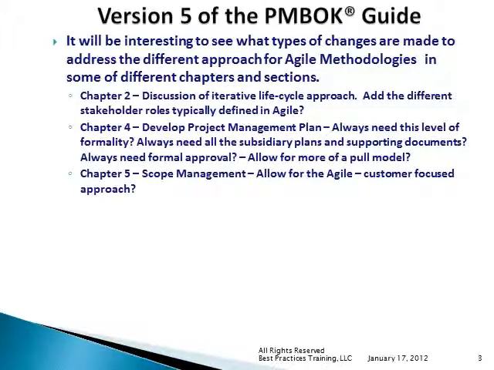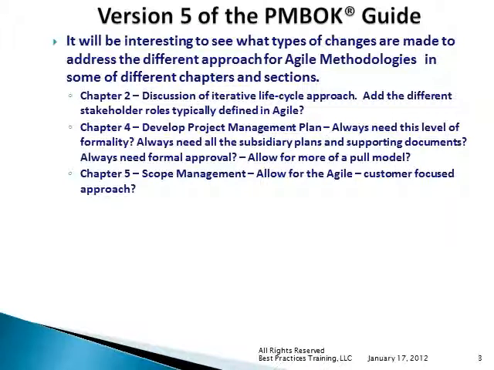In Chapter 5, Scope Management, where they talk about the 3 planning processes: collect requirements, define scope, create WBS, and such. I would address Agile approaches, build out some of the tools and techniques they already have in these planning processes.